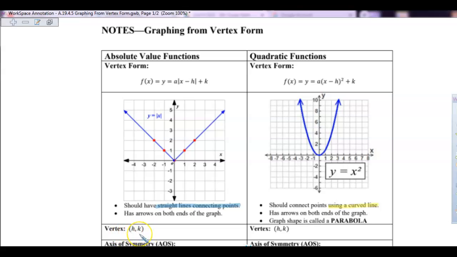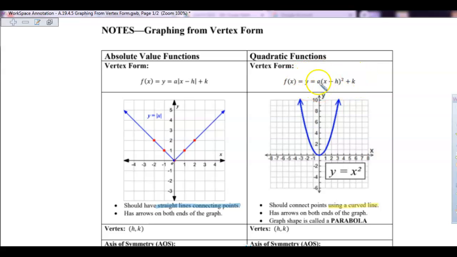Okay, so today we're going to talk about graphing from a vertex form. A vertex form is just another way of looking at quadratics. When we look at a normal quadratic function, we look at it in this case here, where we have y equals a times x minus h squared plus k.